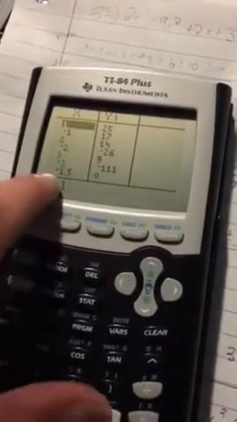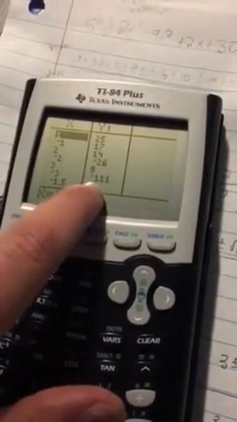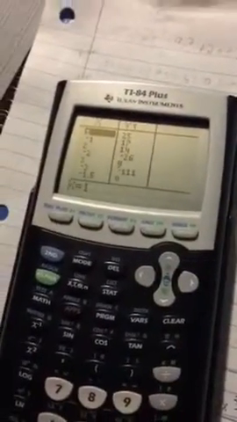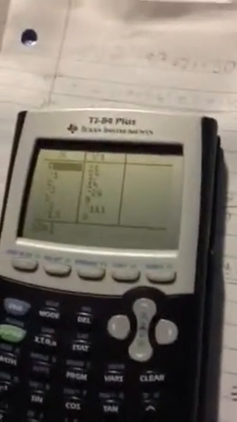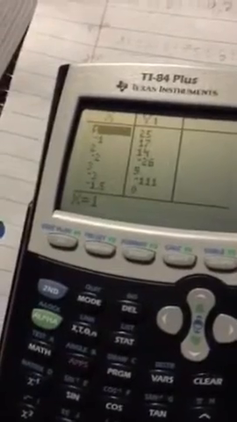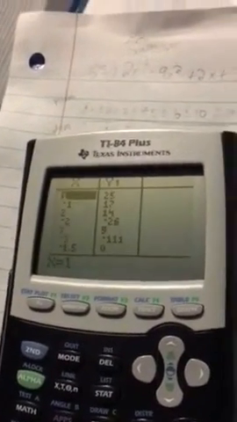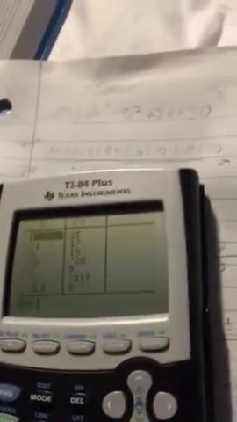So I can already see here that negative 1.5 is a zero, and I tried every other number and no other number came out as a zero.